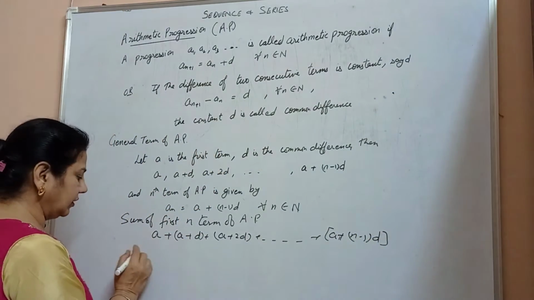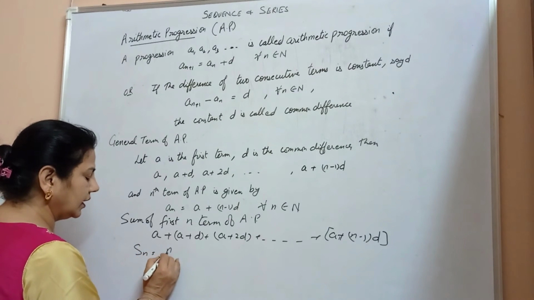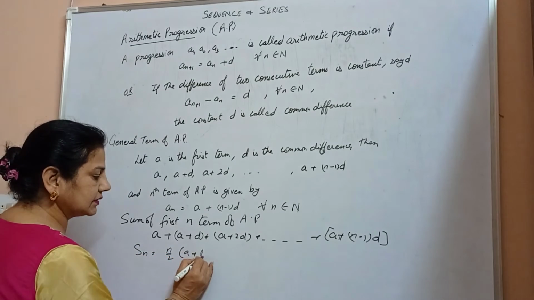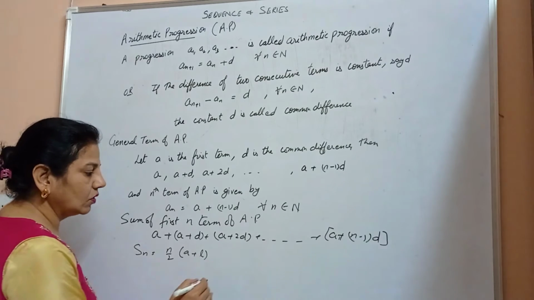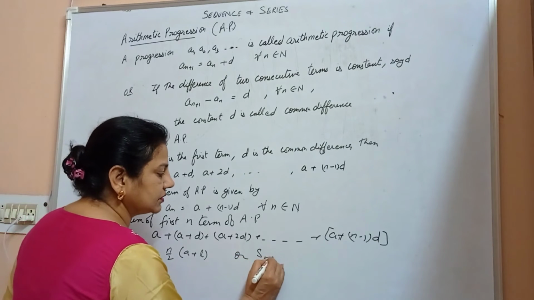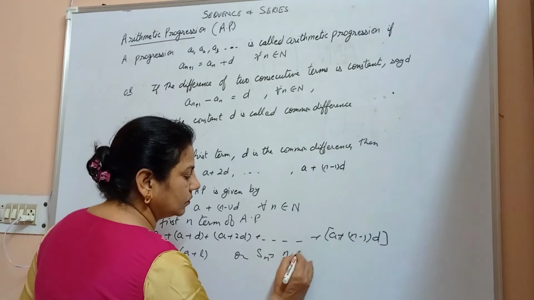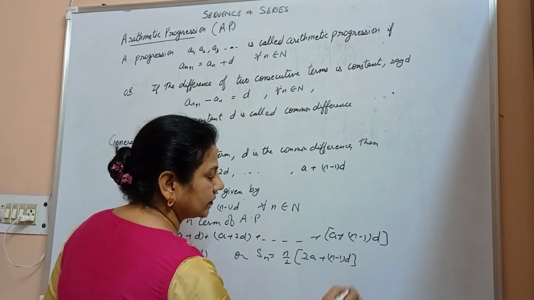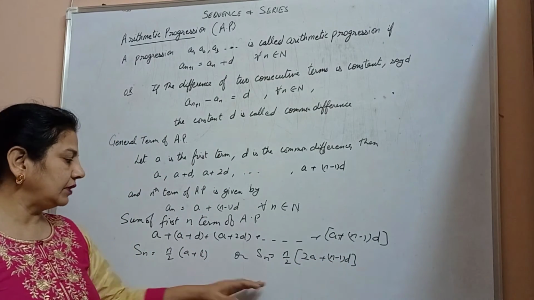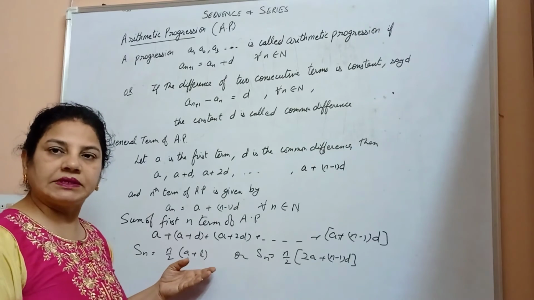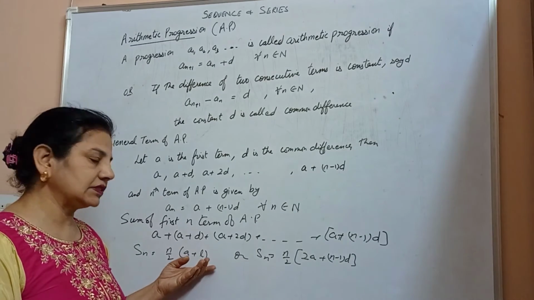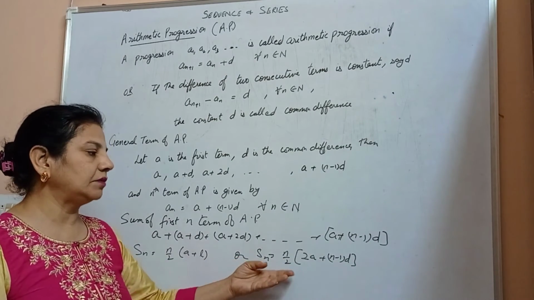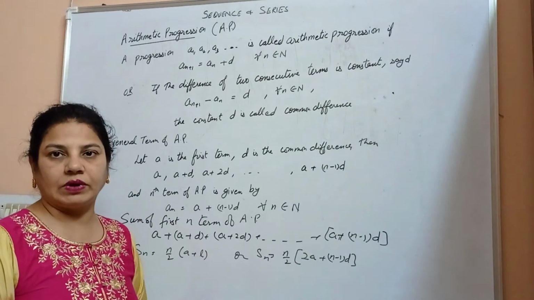The sum of these terms will be given as Sn is equal to n by 2 into a plus the last term, the nth term, or you can say that the sum is equal to n by 2 into 2a plus n minus 1 d. If you add all this, the sum will be n by 2 into a plus l, where l is the last term, or you can say an, or Sn is equal to n by 2 into 2a plus n minus 1 d.